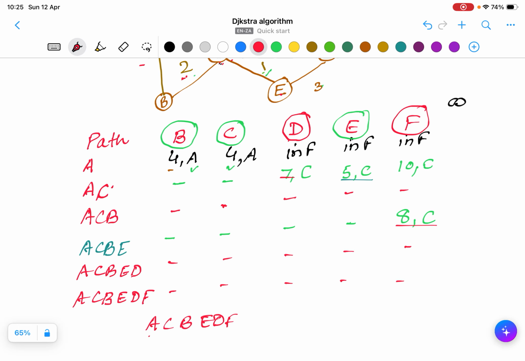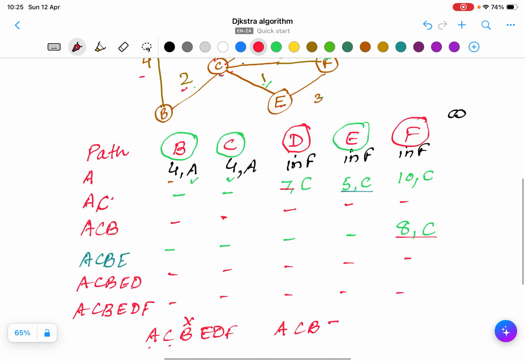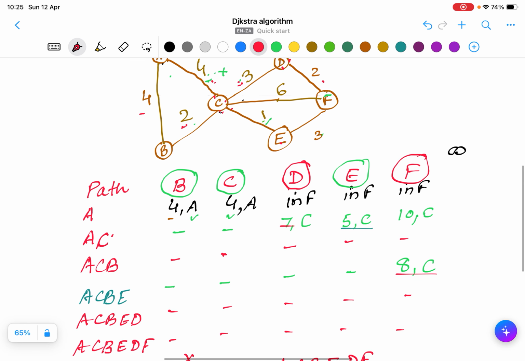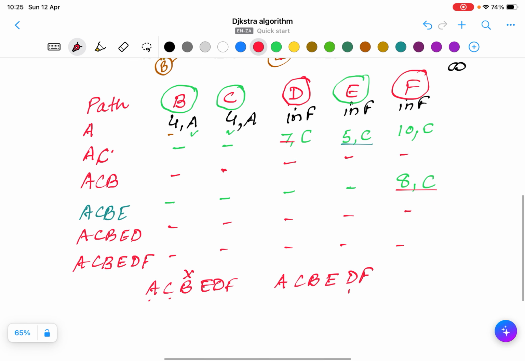So when we are going from A to C, we don't need B here, so we can just use the route B, E. When we are going to F also, it's basically B, E, D, F. Again when we are going from E to F, D is also not coming in between, so we can then use B, E, F. Depending upon which node you are going to, you can select it.